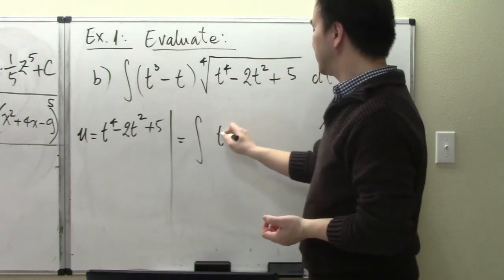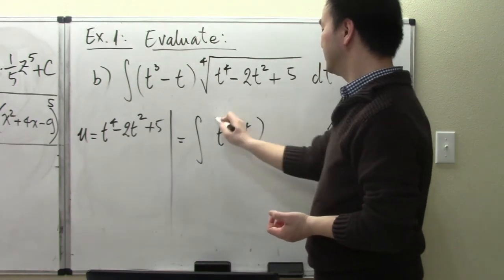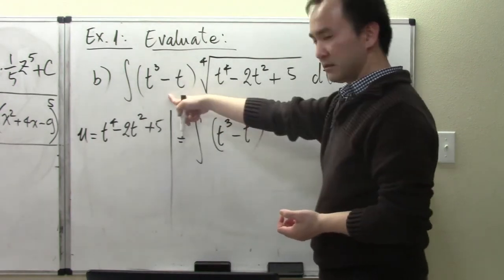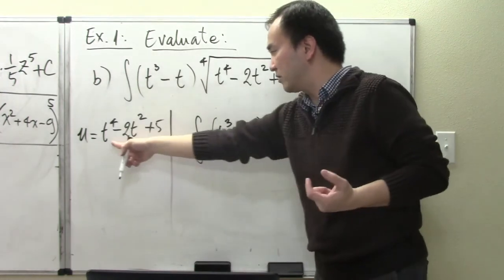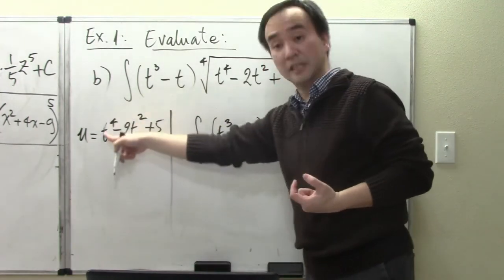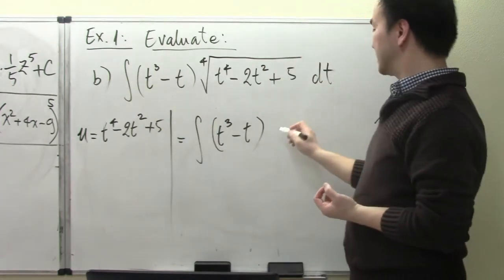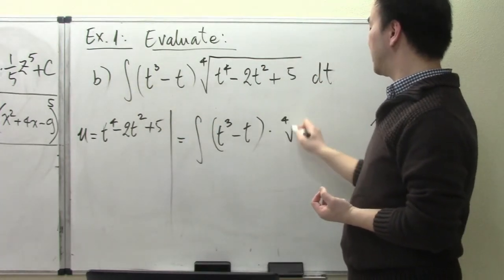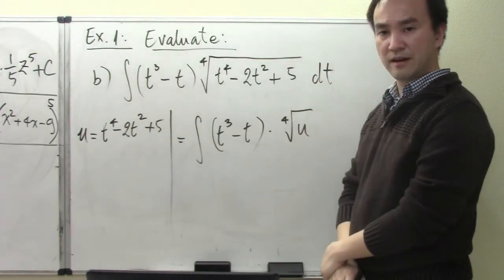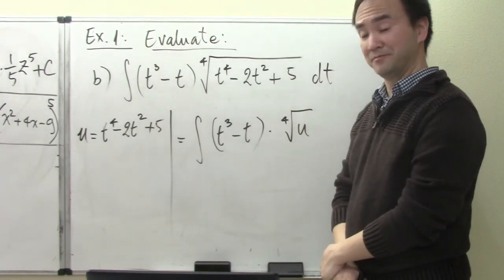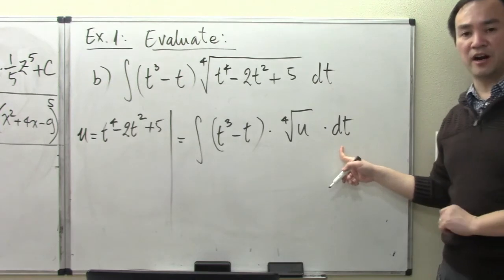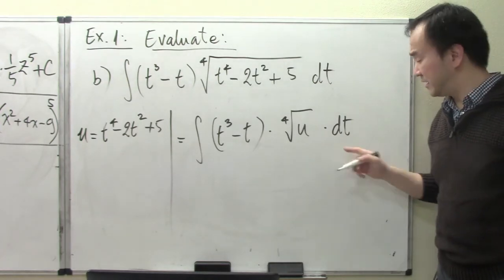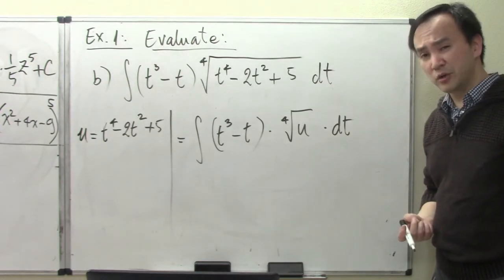It becomes t cubed minus t. That part at least stays the same for now, because I did not find any substitution for that. I picked a substitution on this, and then multiply with the fourth root of u. See how short it gets now? Okay, and dt, because for dt I didn't find a substitution.